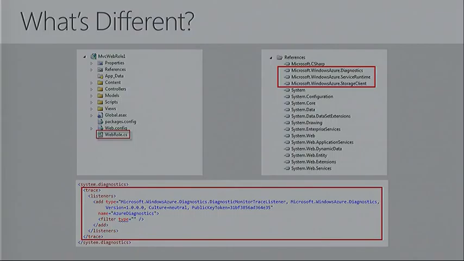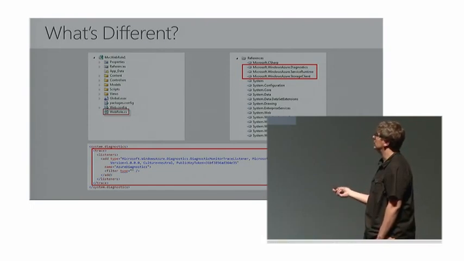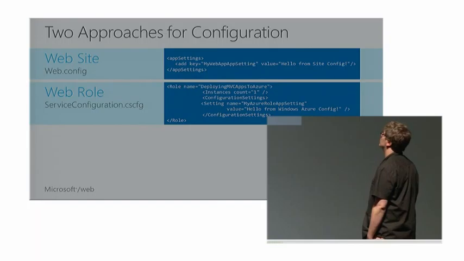If you want to use the diagnostics in Azure, which I'd highly recommend, you also have to add this block of code to your web config, I believe. You have to add that in there. And that'll basically give you all the logging and diagnostics on the server.